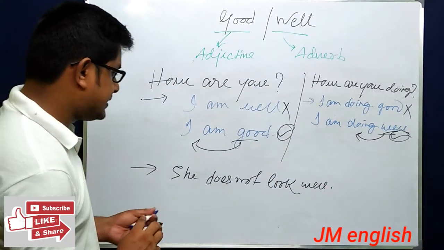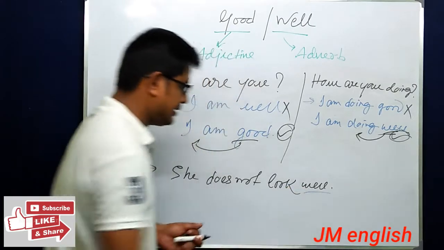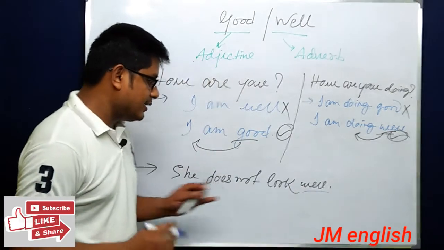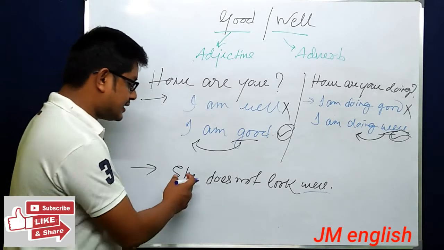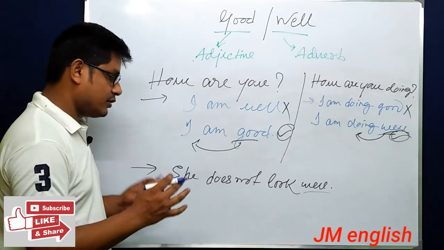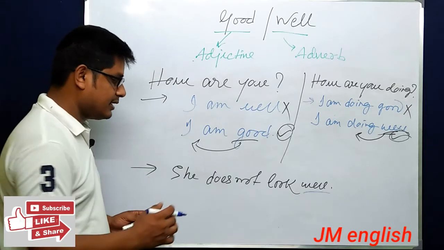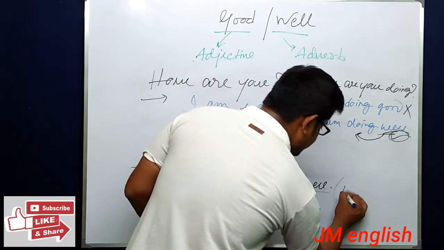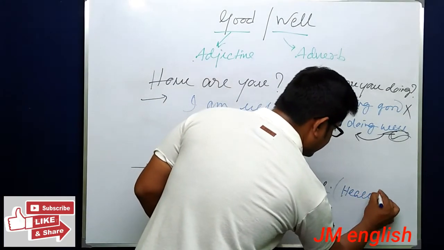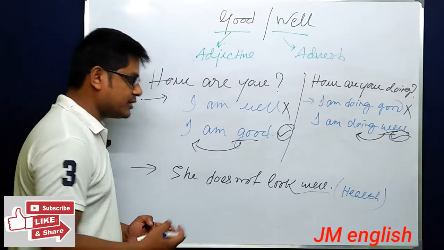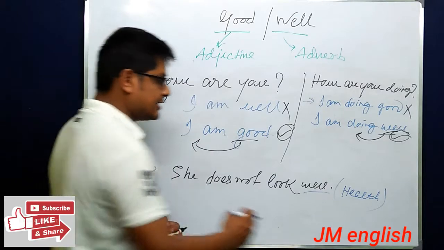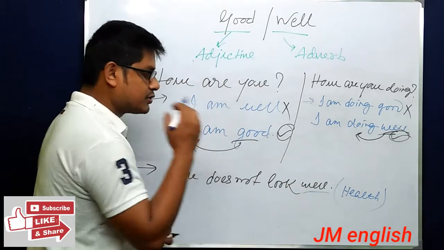In this sentence, I have used well because well is used to indicate her health. She is not good, she is not well. So it is related to health. So whenever you use good or well related to health, try to use well.